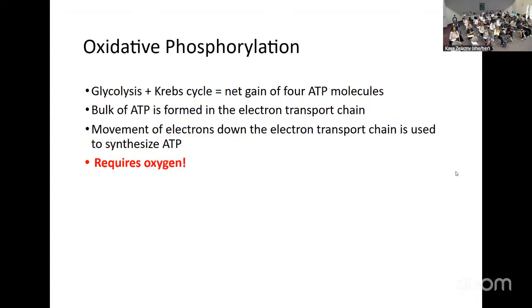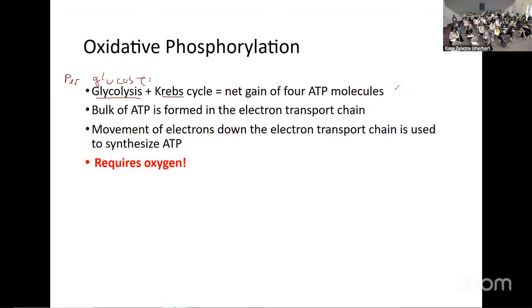So finally, we have our oxidative phosphorylation step. So coming into oxidative phosphorylation, what we have just done today, we thought of glycolysis and we thought of the Krebs cycle, right? So if we're thinking per molecule of glucose, those first 2 parts of cellular metabolism were glycolysis and the Krebs cycle.